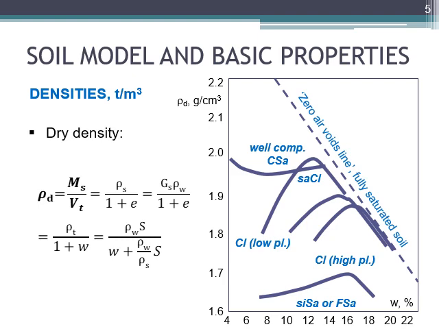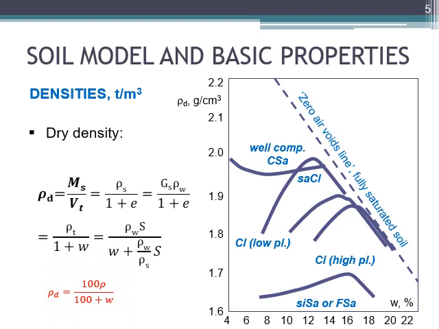Another type of density is the dry density, ρ-d. You know this density already from the Proctor compaction test, right? And the definition of that is the mass of the skeleton over the total volume of the sample. Unlike the other parameters, here I want you to remember also another formula, this one, which can be also expressed as this one.